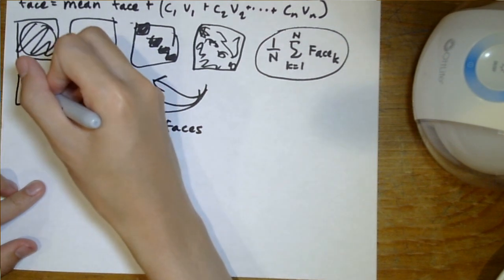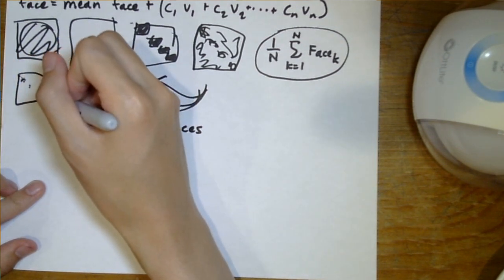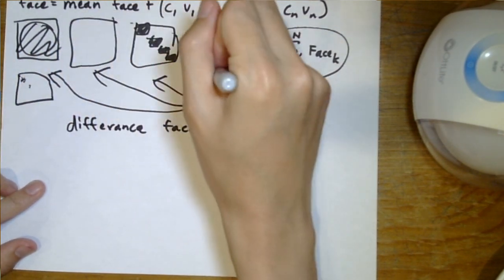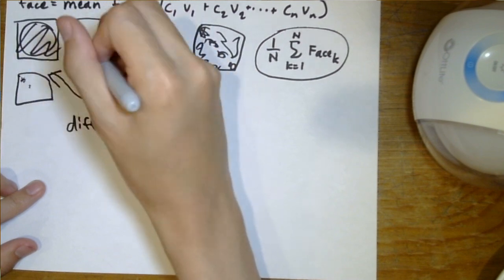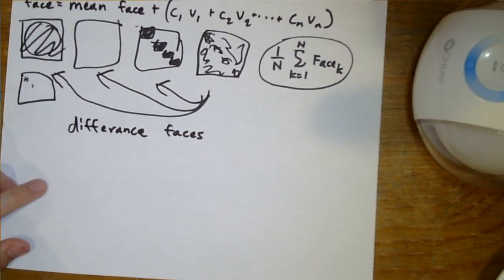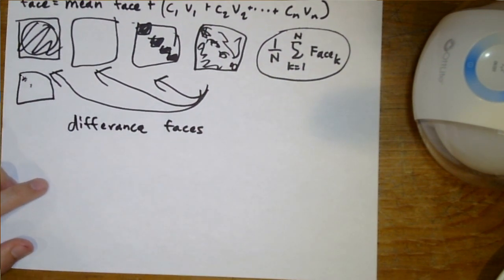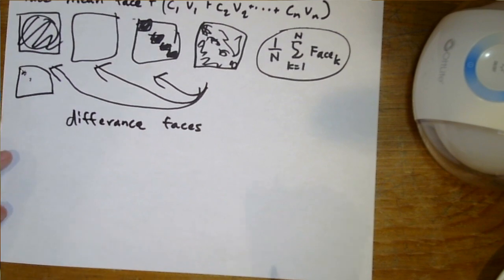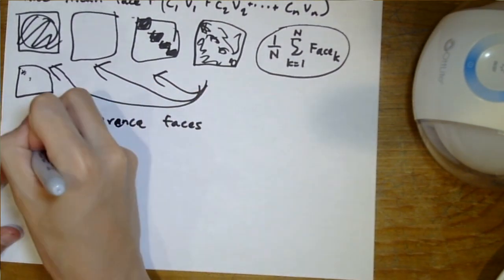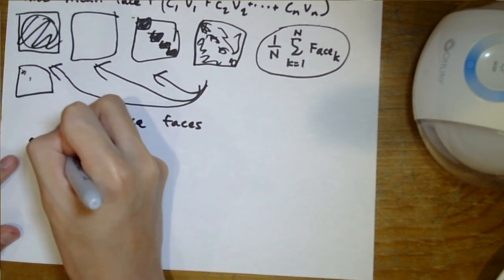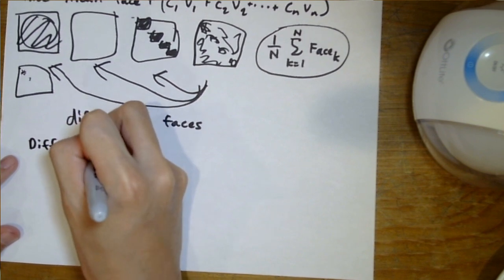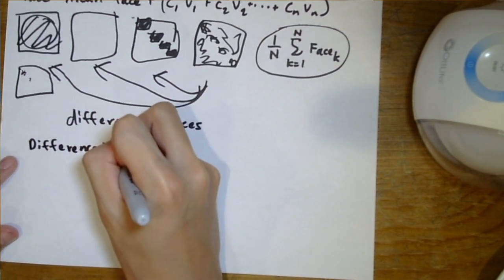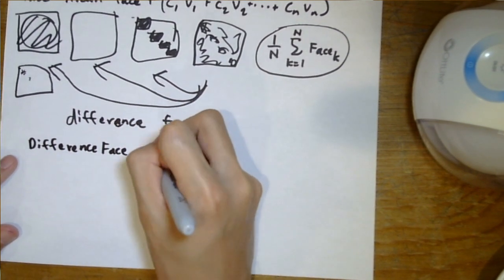Yeah, pretty much a lot of lighter colors here, and then this would be just this matrix because it's completely blank, etc., etc. So that's the difference face. And again, computing the difference faces is extremely easy. We simply subtract the vectors from the mean face.